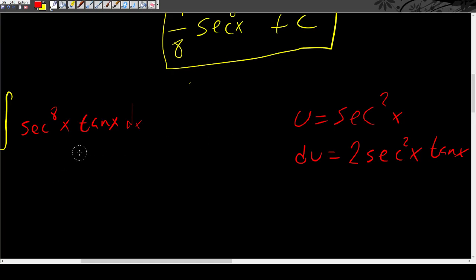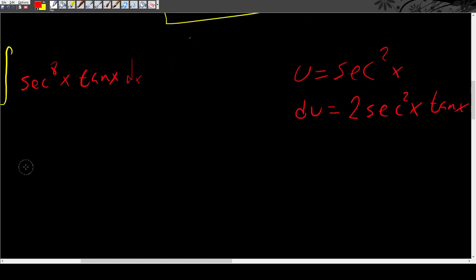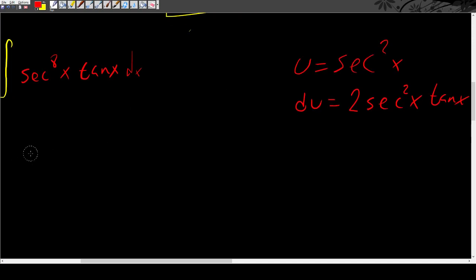So now let's plug back in and solve this. I need to have another secant out here, but there's no way I can get a 2 here, so I'm just going to put 1/2 in front. We're allowed to do that. When you have a number times something, you can divide by it and put the reciprocal outside your integral.